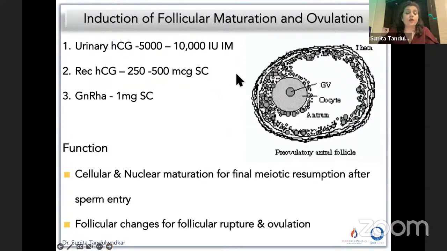Now, coming to one final thing in ovulation induction, the trigger. I already told you close monitoring, and the trigger I give at 19 mm with a margin of 1 mm plus or minus.